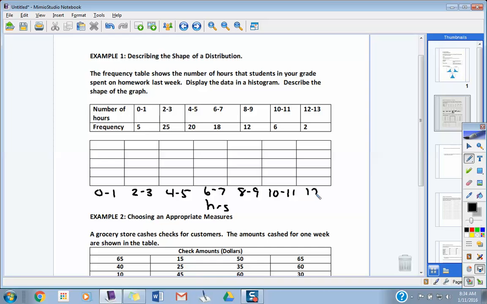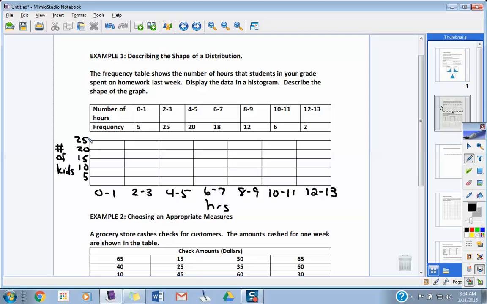And this will be 12 to 13. Okay. And then on the left side, I'm going to put the number of kids that spent that amount of time. And I'm going to count each row by 5s here. So I've got 5, 10, 15, 20, 25.